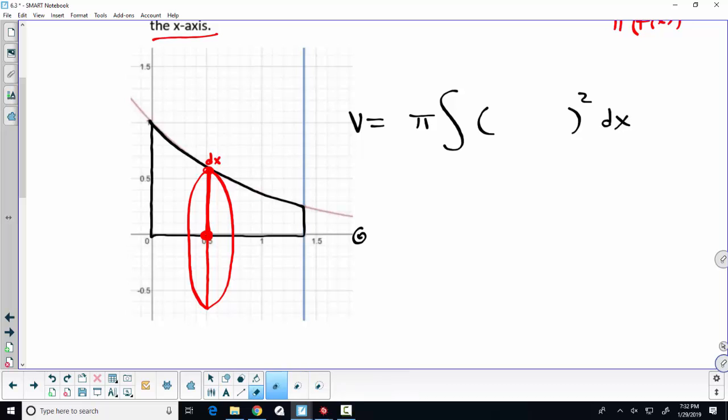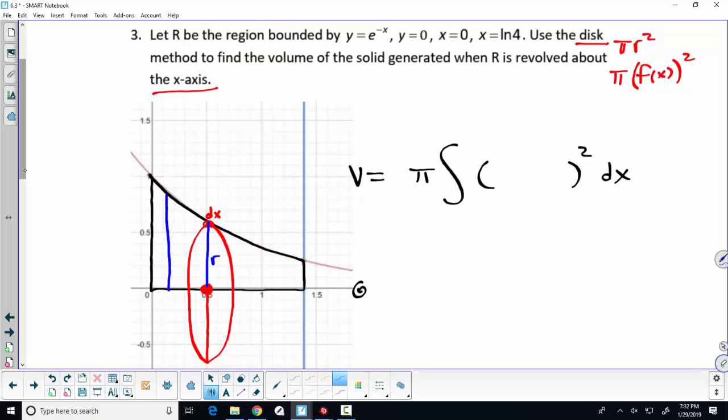Let me put that in a different color. This radius is totally different than this radius, because it varies. What it depends on is the y value, which is given by the function minus 0.